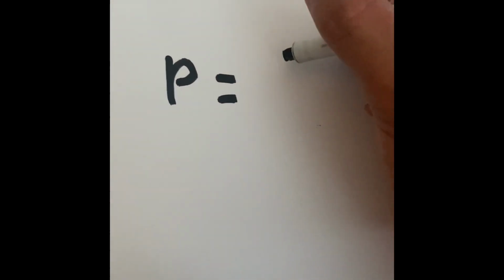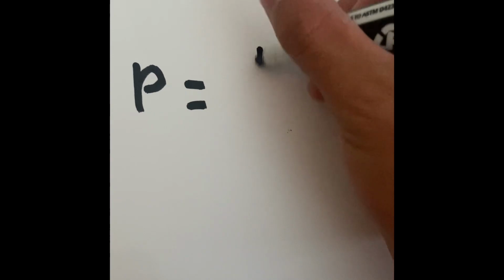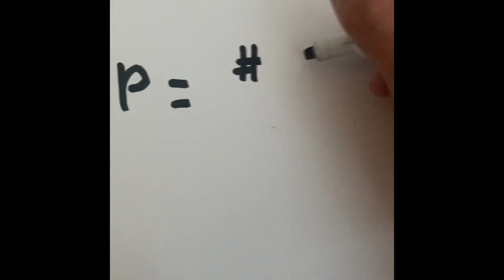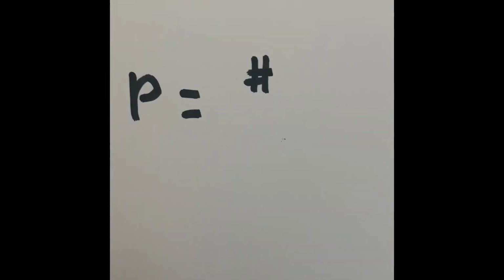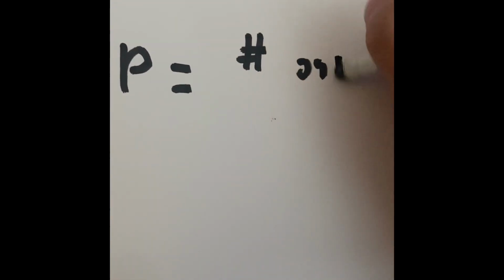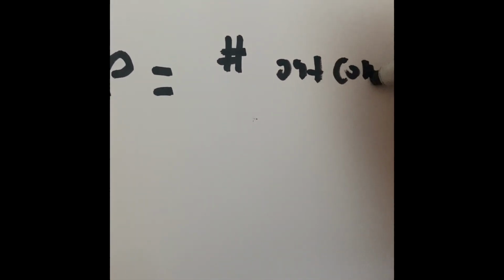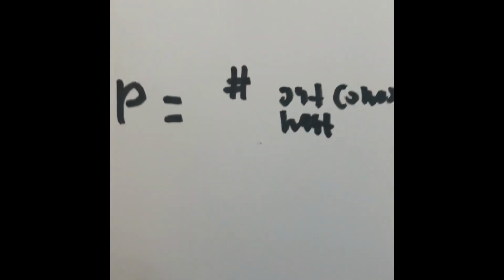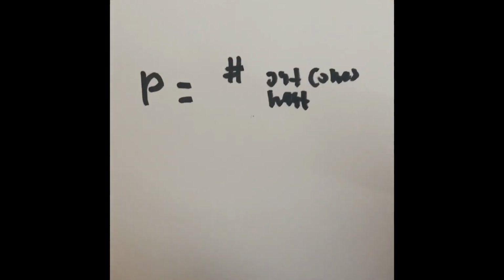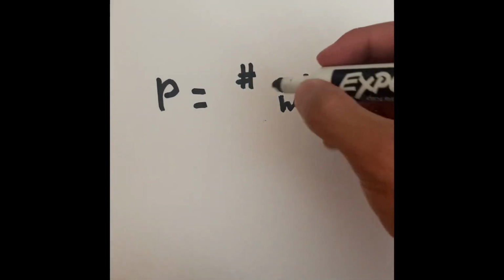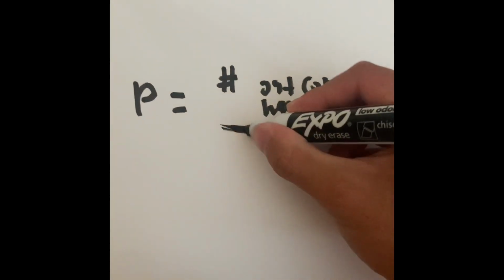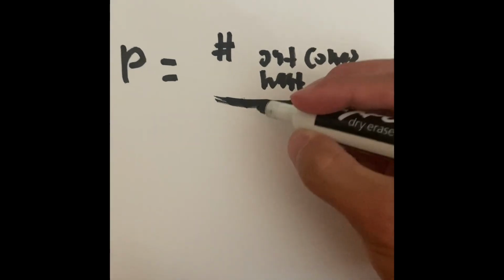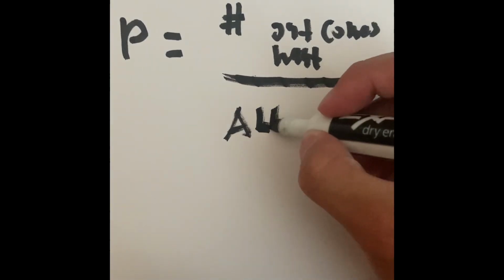So with probability, the formula we've been learning in the past years is the number of outcomes we want, divided by all possible outcomes. Like if we wanted to roll a 6-sided dice and we want to see if we roll a 2, that's what we want.